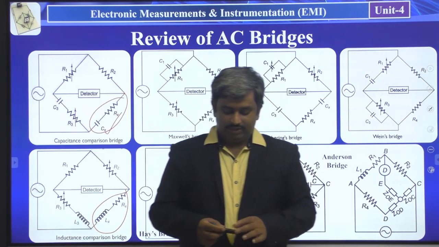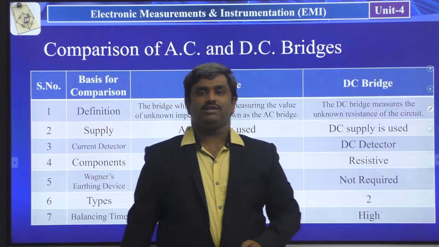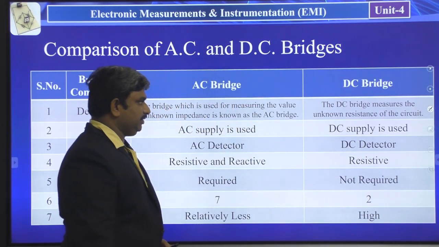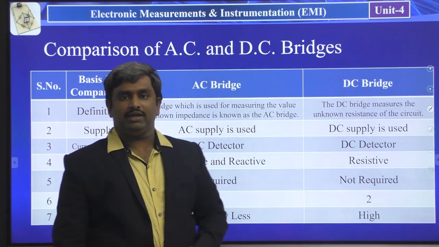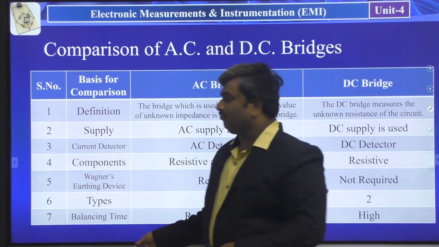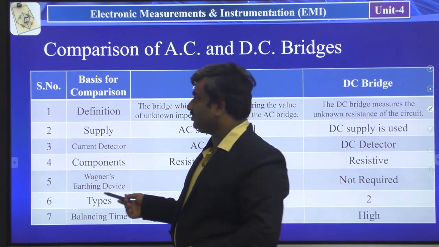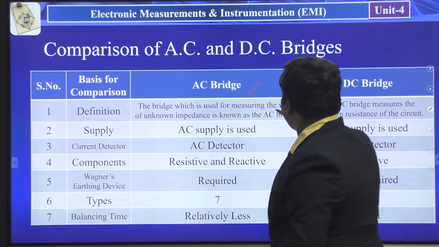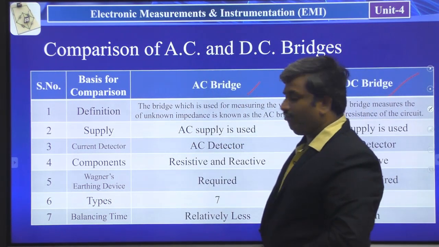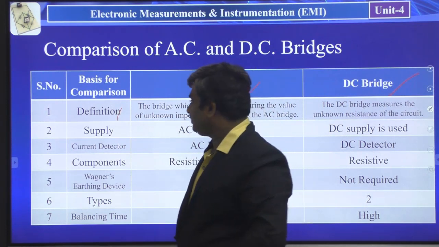Okay. Right. Next, we will see the comparison of AC and DC bridges. See here, I have taken one side the parameter, and based on the parameter, I am going to compare the AC bridges and DC bridges. So, this is about AC bridges, this is DC bridges. First, we will see the definition of AC bridge.